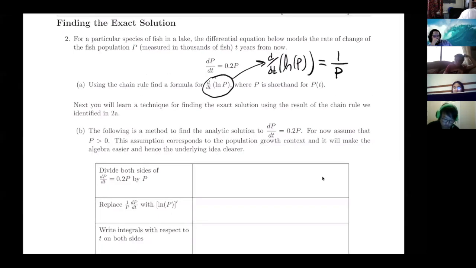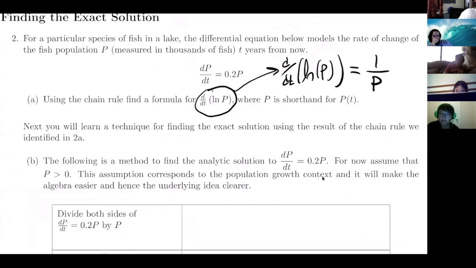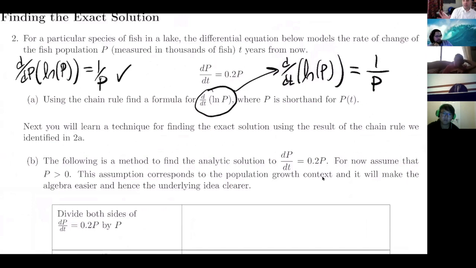But be careful: if I take the derivative of natural log of P with respect to P, I would get 1 over P. In this case, we're taking the derivative of natural log of P with respect to T. So that's why we have a chain rule. You did the equivalent of saying the outside function is natural log and the inside function is P. So we take the derivative of the outside function, 1 over P, and then what are we missing over here?